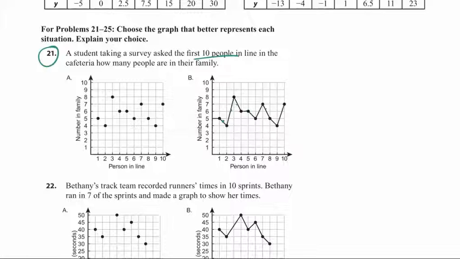Keeping in mind that obviously you cannot have 4.5 people in line, that should help you decide. For this situation, my student is asking 10 people in line, the first person, the second person, the third, fourth, fifth, sixth, seventh, eighth, ninth, 10.